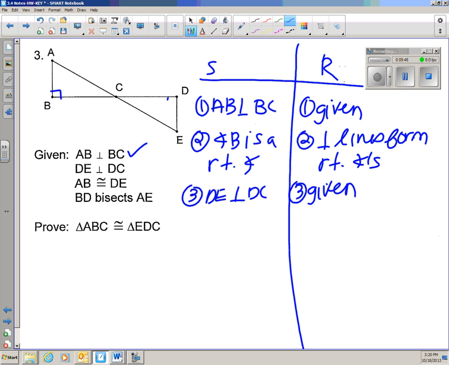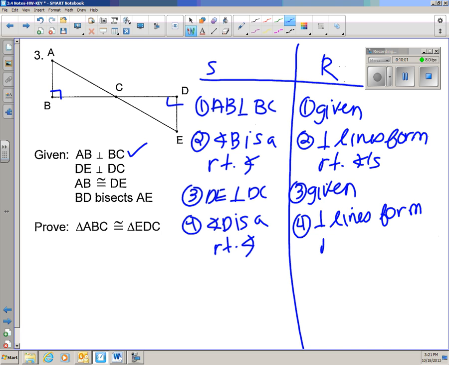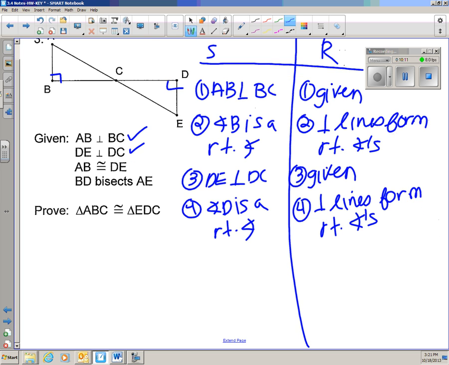Well, that ends up being this angle right here, which means step 4 would say, well, then angle D is a right angle. And again, perpendicular lines form right angles. Well, I don't have a congruent statement about those two yet, but aren't all right angles 90? So don't all right angles have to equal one another?